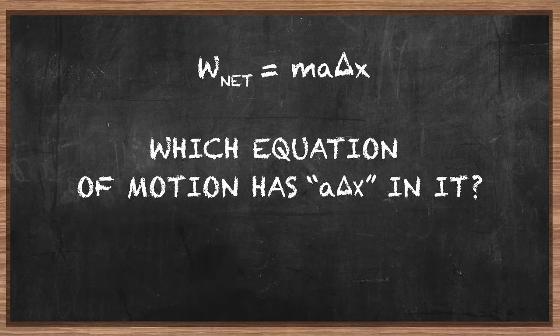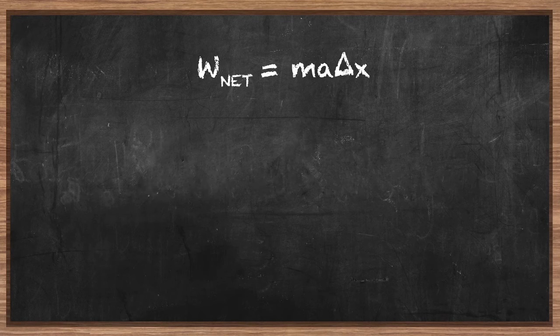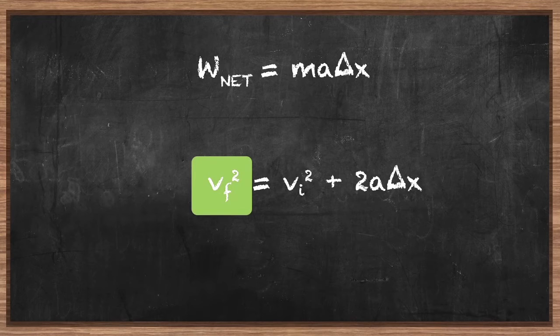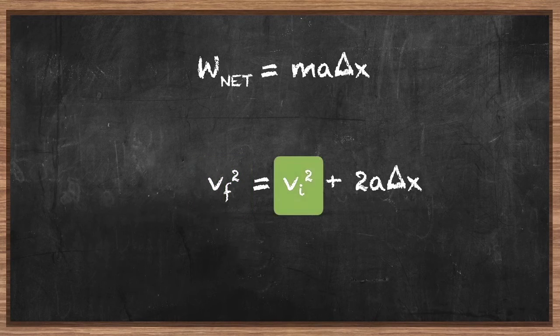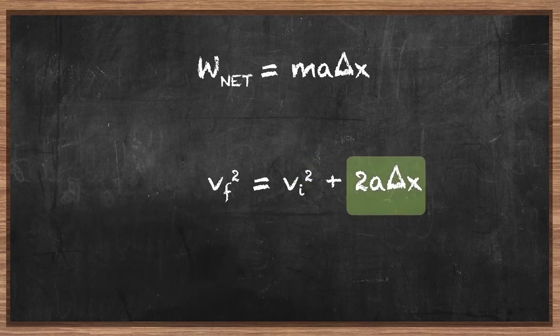The product of acceleration and displacement, a times delta x, has appeared in a kinematics equation of motion. Do you remember the equation of motion? The final velocity squared is equal to the initial velocity squared plus 2 times the product of acceleration and displacement.